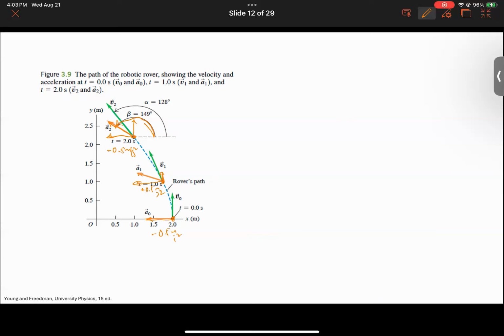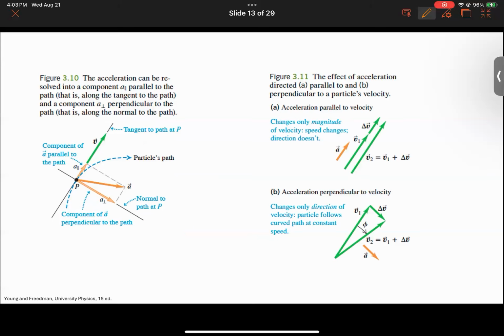But they don't necessarily have to be along the x and y axis. Depende rin kung ano yung tinitignan natin na system. Okay, now, if a particle is going along a curved path, tulad ng nakikita nyo rito, yung velocity niya at some point P, tulad ng paulit-ulit natin sinasabi, is the tangent line at that point.